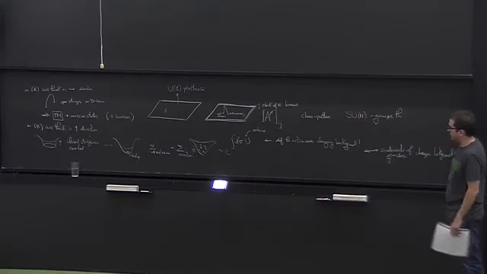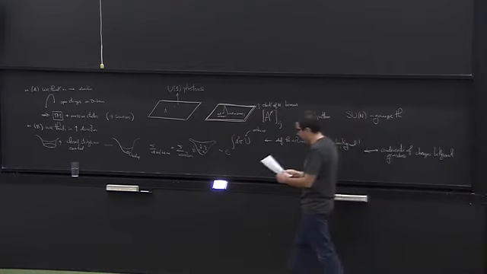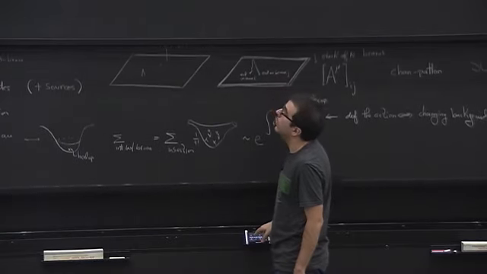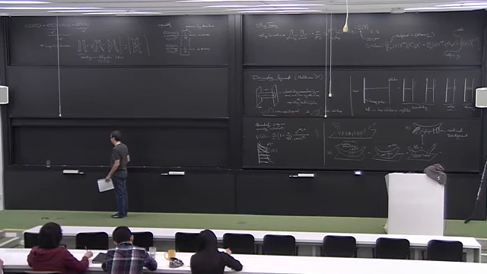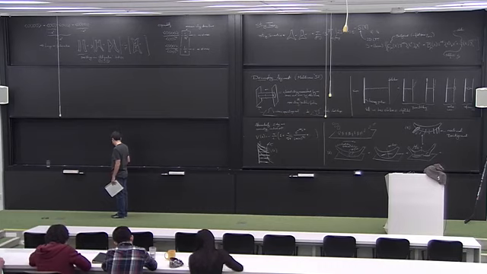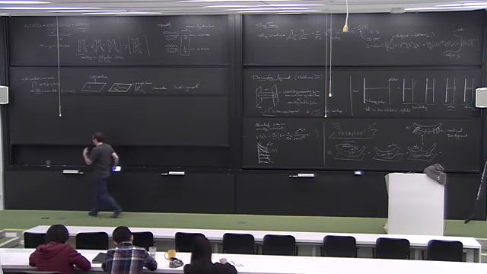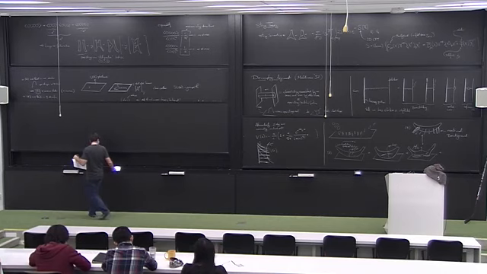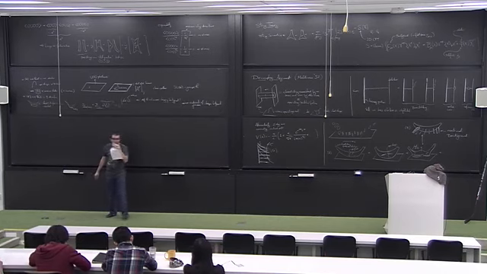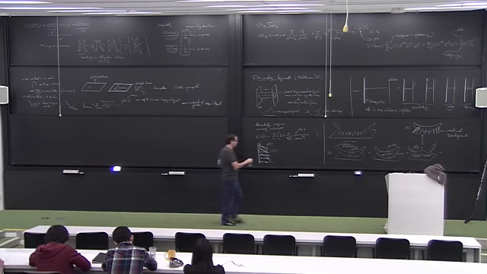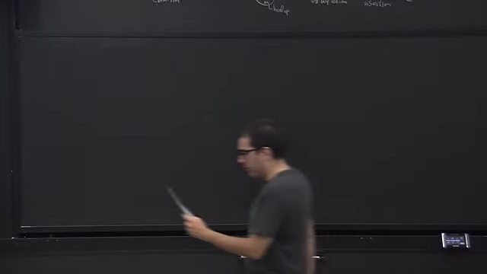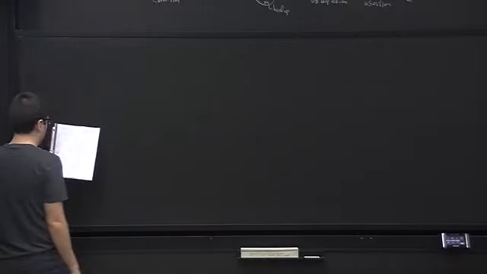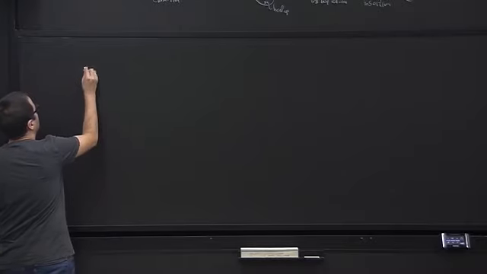So what happens to the diagrams? What happens when the string tension goes to infinity?